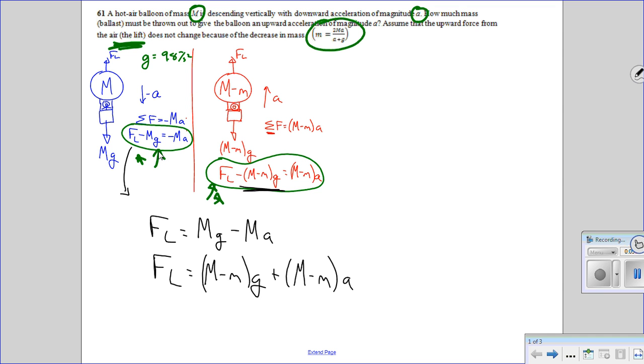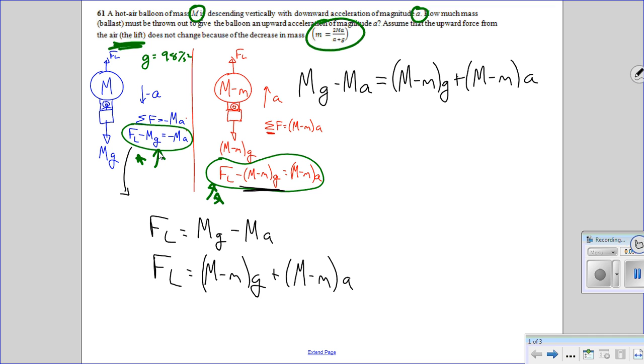Cool, so now I'm just going to set these two things equal to each other. And our goal is we want to solve for lowercase m. So I'm looking at this. Mg minus Ma is going to equal (M minus m)g plus (M minus m)a.